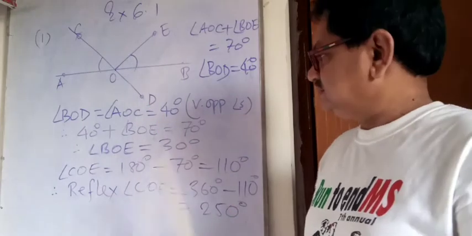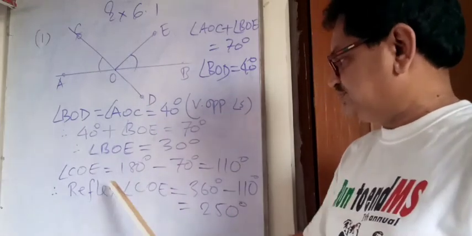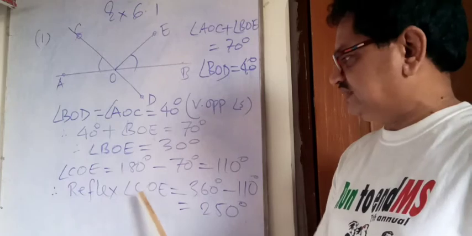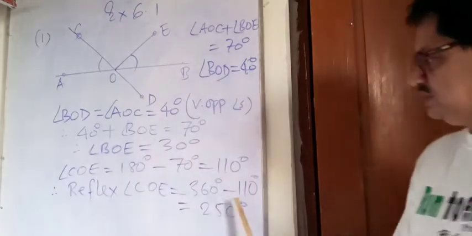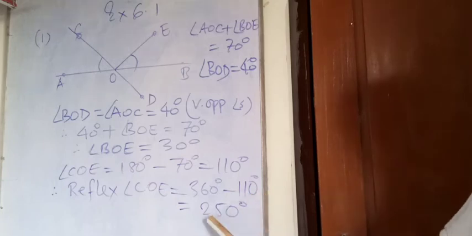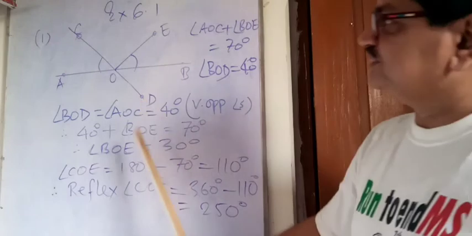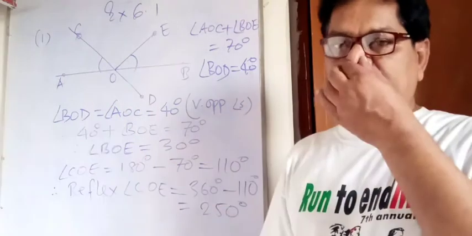If we subtract 110 from 360, then only we can get the reflex angle COE. So therefore reflex angle COE becomes 360 minus 110 equal to 250 degrees. So this is the completion of solution of question number 1.